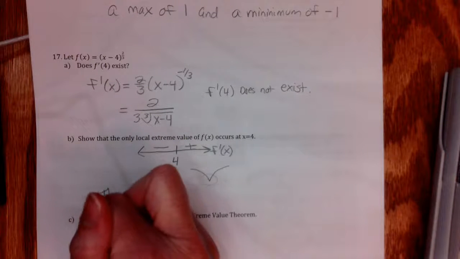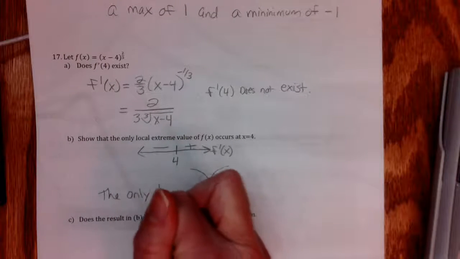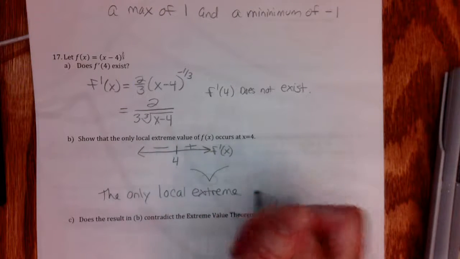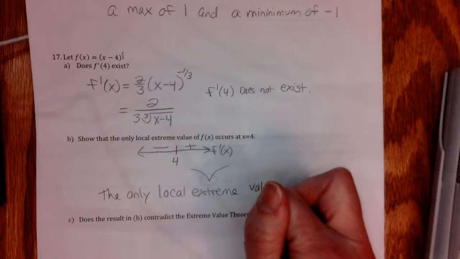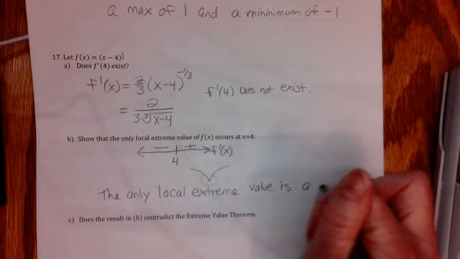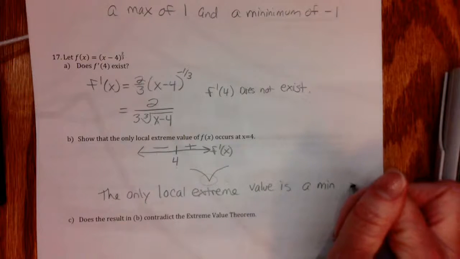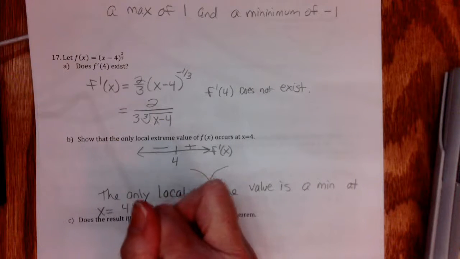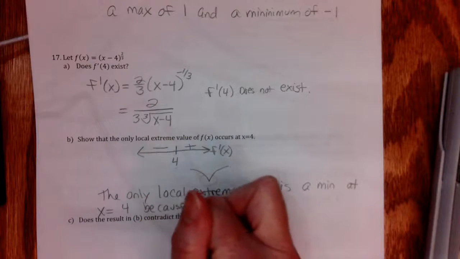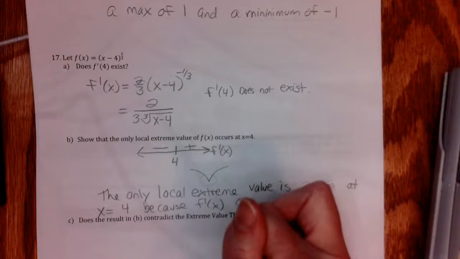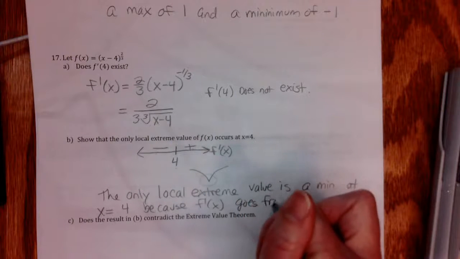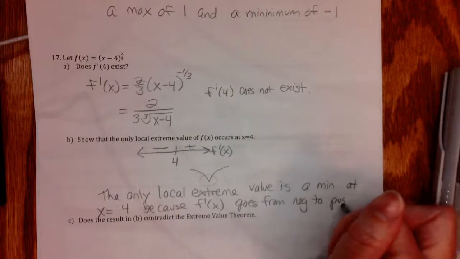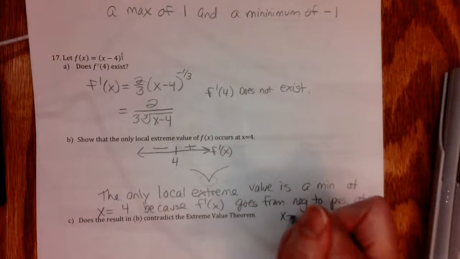So we're going to say the only local extreme value is a minimum at x equaling 4 because f prime of x goes from negative to positive at x equaling 4.